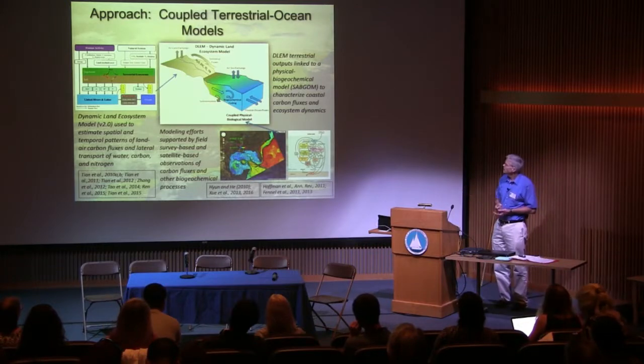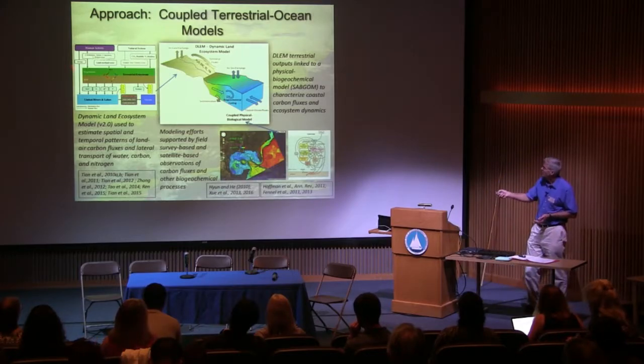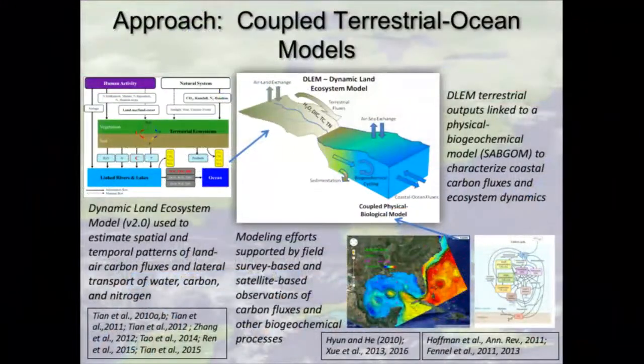The terrestrial model is operated by Han-Chin Tian and his team at Auburn University, and it has various modules: plant physiology, biophysics, soil processes, and then the runoff, the transfer of materials to the watershed and ultimately to streams, rivers, and then the ocean.